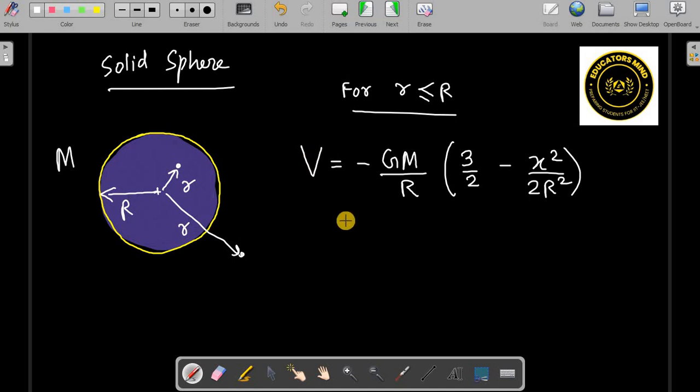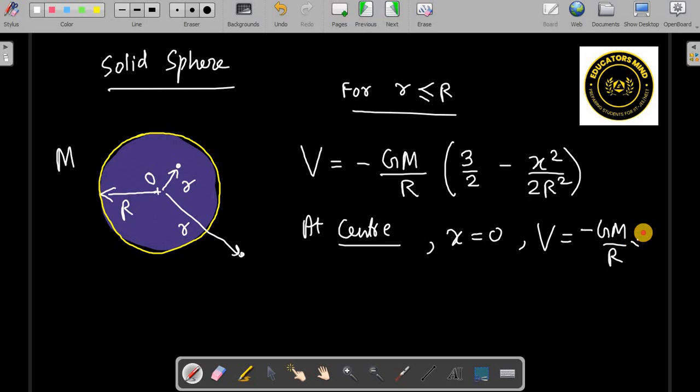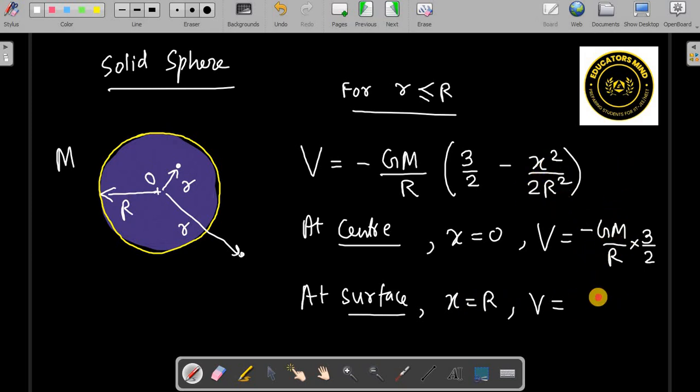And you can note here, at the center O, x is equal to 0, the potential will become minus GM by R into 3 by 2, which is 1.5 times. And at the surface, x is equal to R, the potential will become 3 by 2 minus 1 by 2, so 1 will come, so minus GM by R into 1.